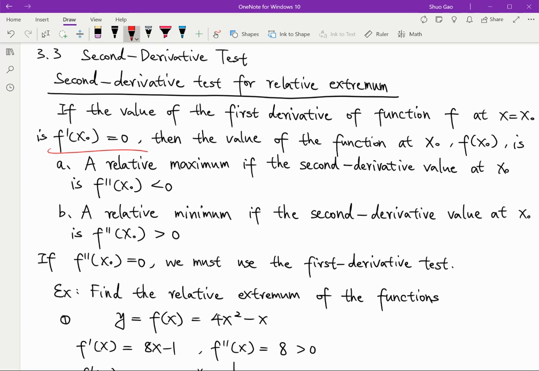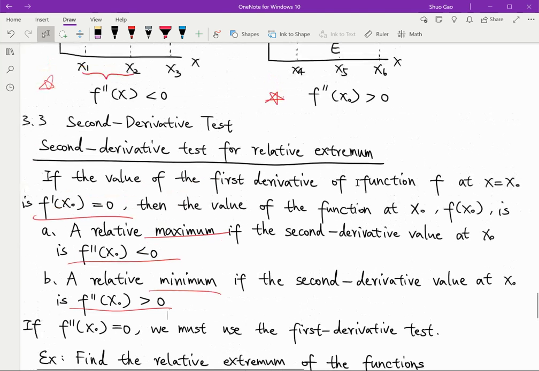The value of the function at x0 is a relative maximum if the second derivative value is negative, or a relative minimum if the second derivative value is positive. We can illustrate this by drawing the graph.